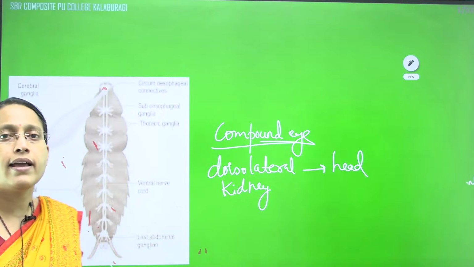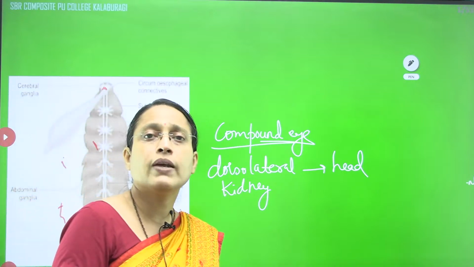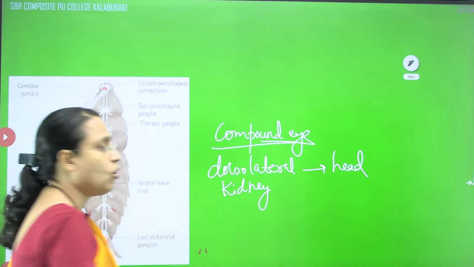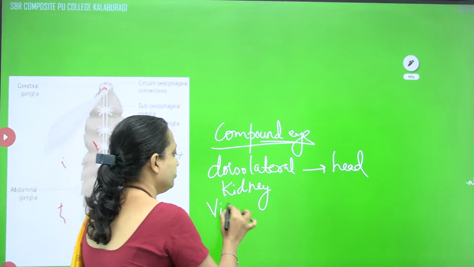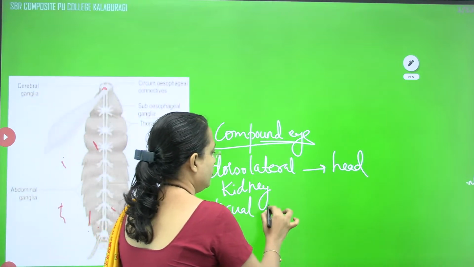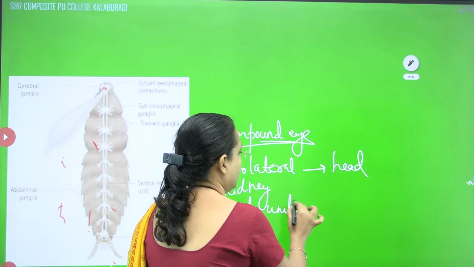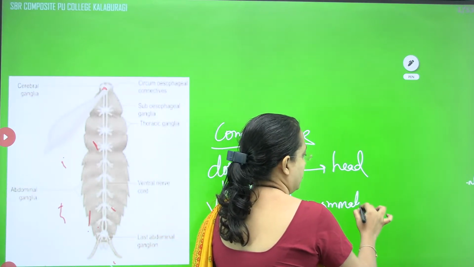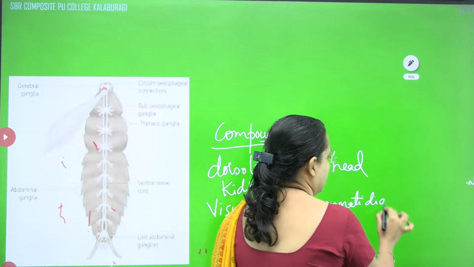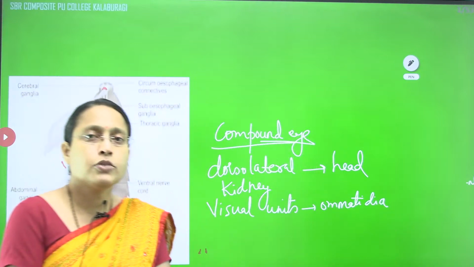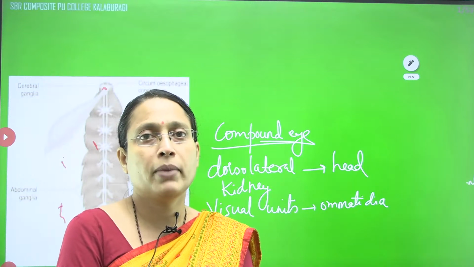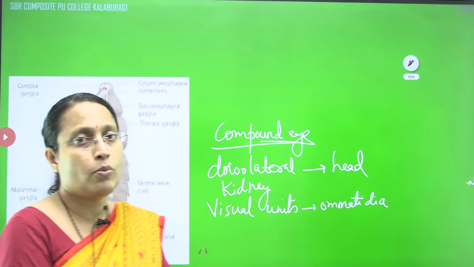The compound eye has many visual units, which are also called structural and functional units, called ommatidia. So image formation is possible due to ommatidia because each individual image can be formed by a single ommatidium.